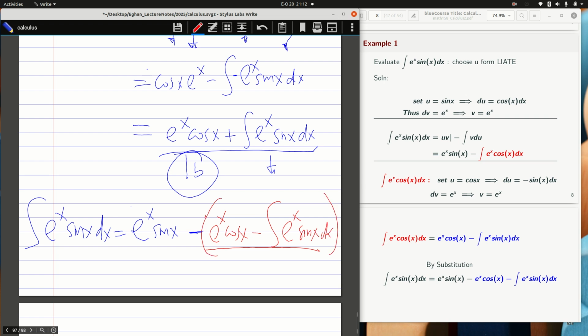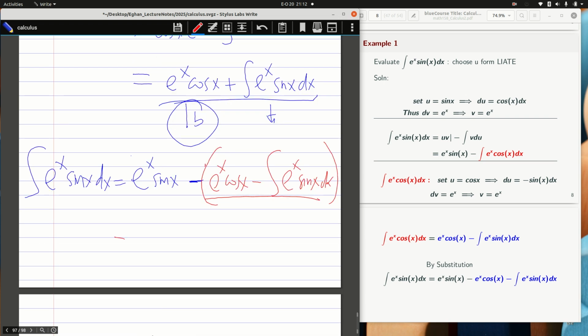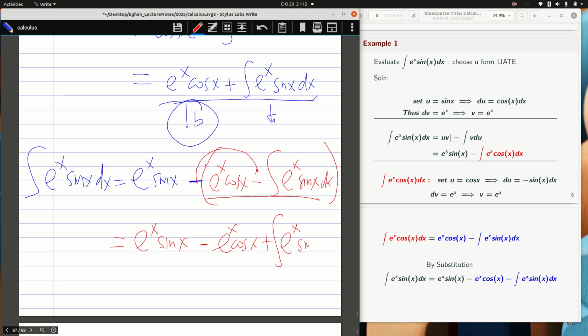Okay, so let me just cater for the operations. Minus e^x cos x, this guy and this guy gives me plus the integral of e^x sin x dx. Can you tell me what is happening here? I'll be changing the pens to make it easier for us to visualize things.